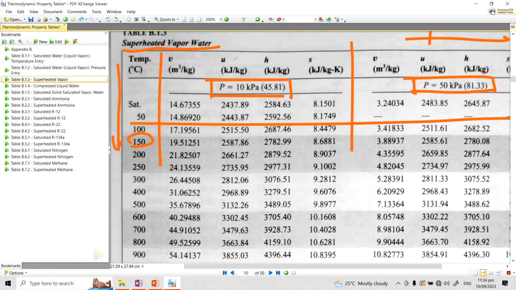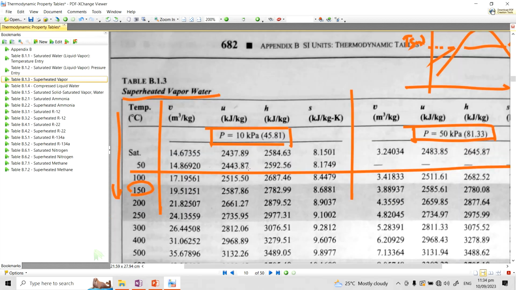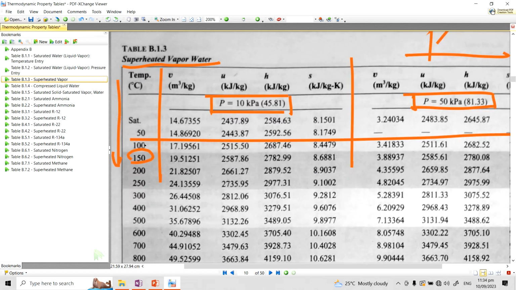So again, this term inside the parentheses corresponds to the saturation temperature. So this is Tsat at this pressure value. If we have a higher temperature value at this pressure, that means we are in the superheated region. So that is the meaning of all this.